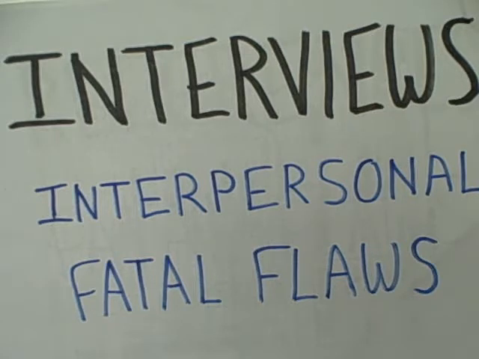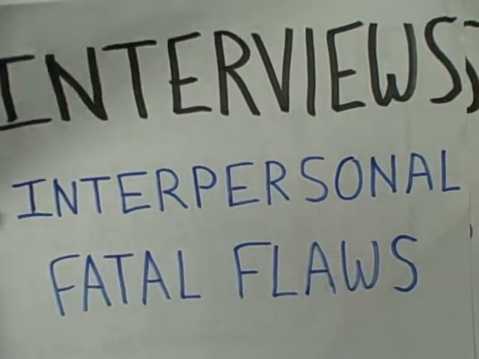Next, we will take a look at some interviews, and this might be one or two different interviews in a series, and we're going to be looking to eliminate those individuals who lack certain interpersonal skills or who, on the basis of the probing of the interview, are found to have certain fatal flaws.